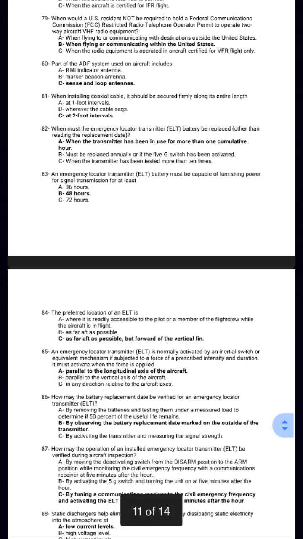Don't get that confused with this one. When communicating inside the US, you don't need the FCC permit. It's not required.